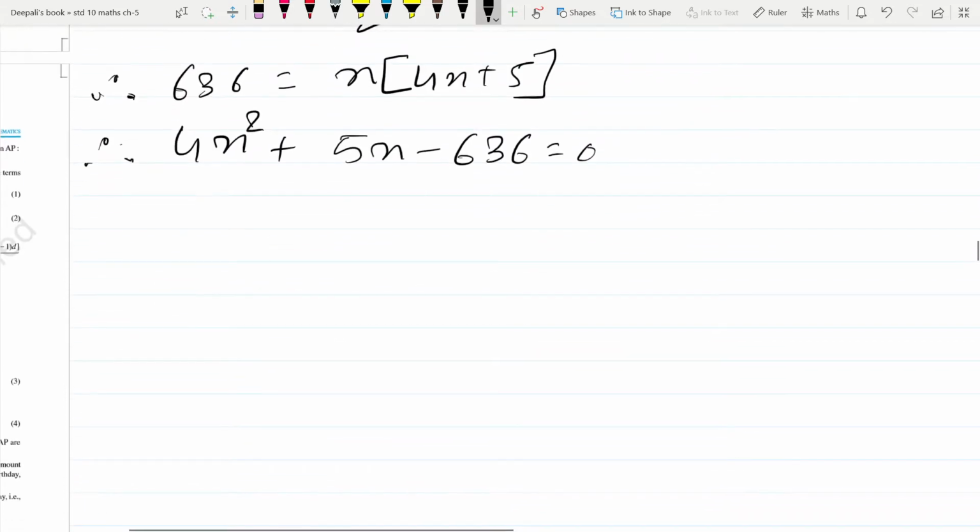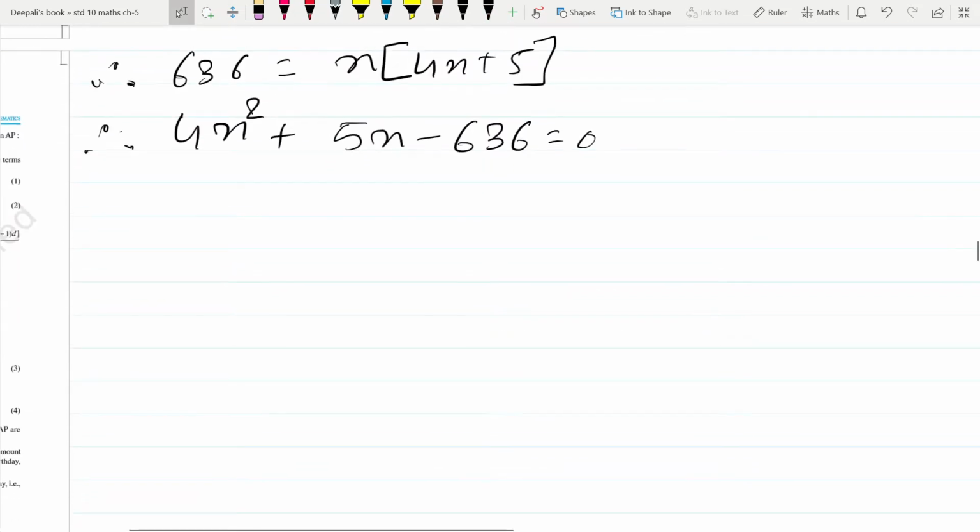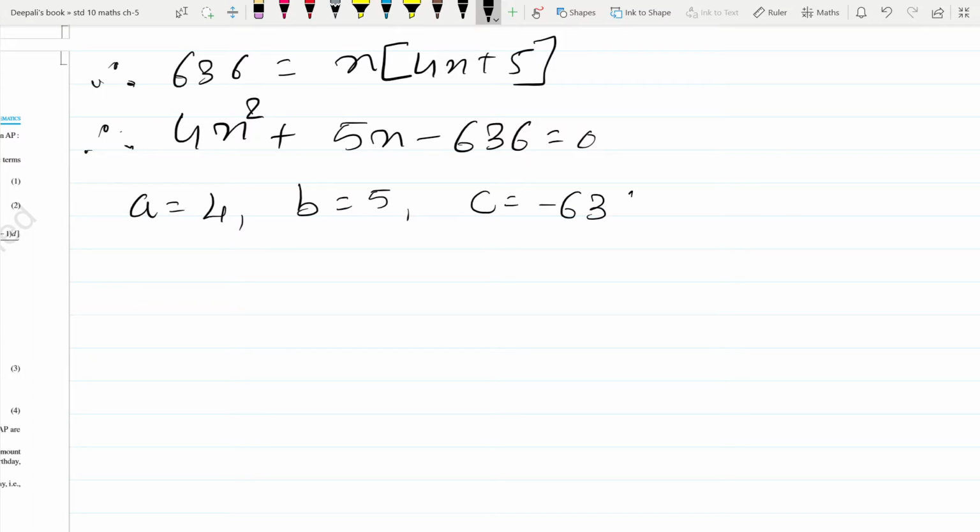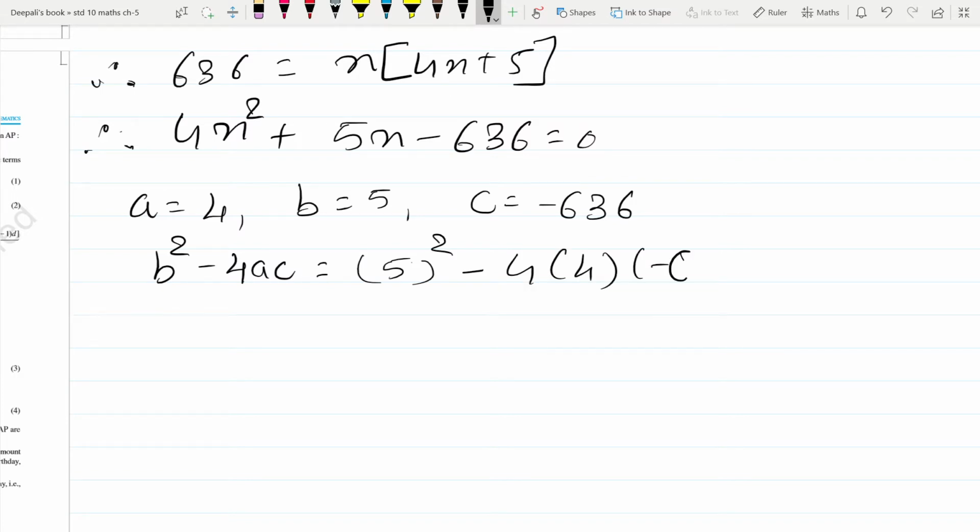Now I don't have any other values to solve this, so I will have to use the algebraic method of solving this quadratic equation by splitting the term. Or one more method is there, where A is equal to 4, B is equal to 5 and C is equal to minus 636, and I use the formula B square minus 4AC, which is 5 square minus 4 into 4 into minus 636, which is equal to 10201.